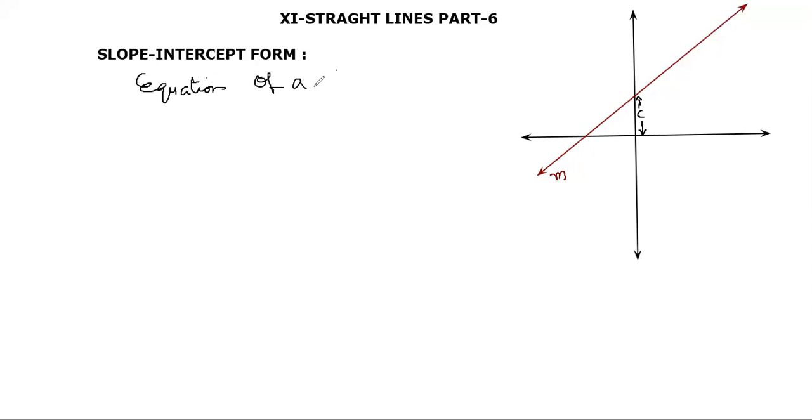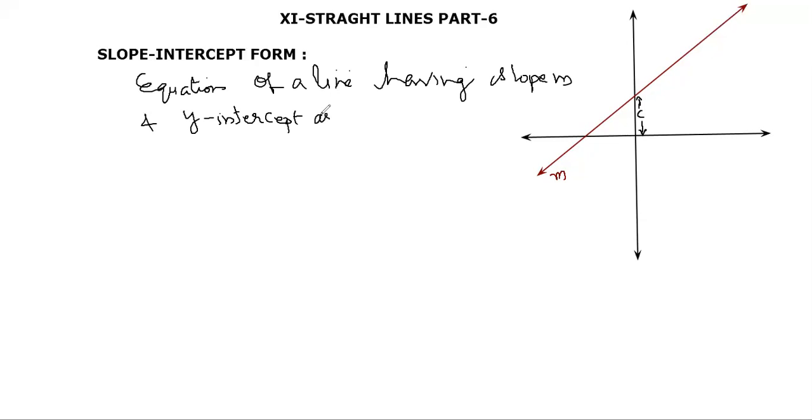So the equation of a line having slope m and y-intercept as C is y is equal to mx plus c, where m is the slope of the line and c is the y-intercept.